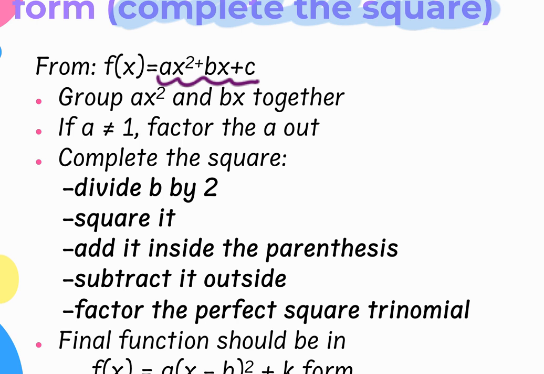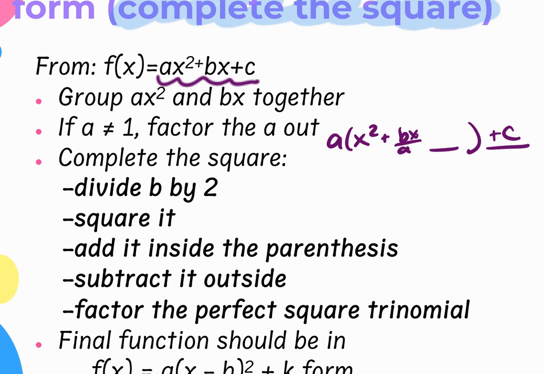So what will happen is, if you factor something out, so if I've got something on the front of the x squared and my bx, now this is divided by a, and I've added something here and subtracted it from here.